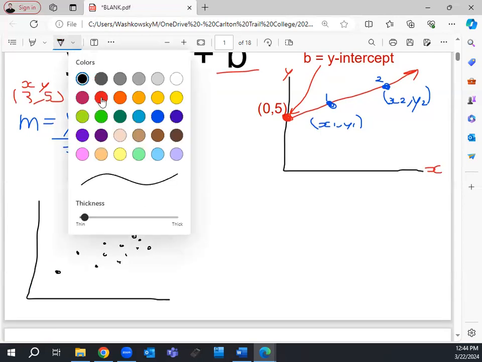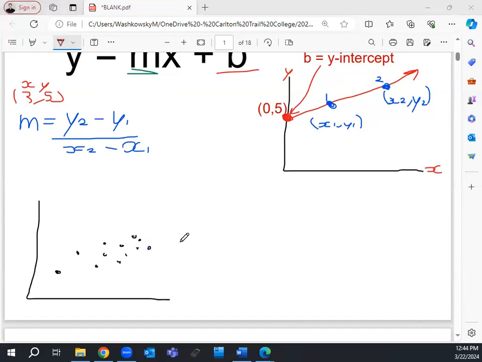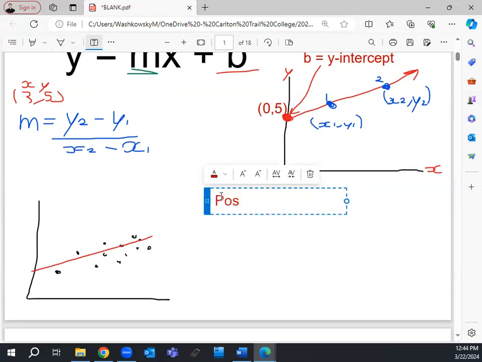What is this data telling us? In this case, it would have a positive slope. It would be trending upwards.